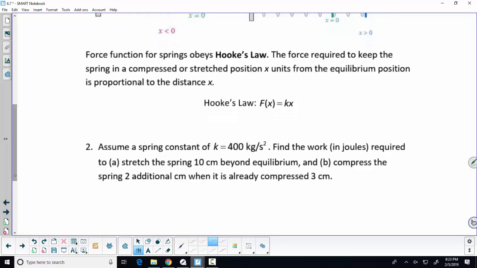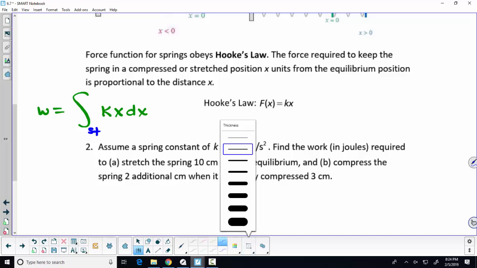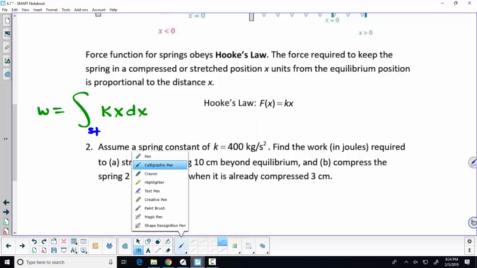So our work equals the integral over our bounds of kx dx. And this is where our stretch or compression would go.